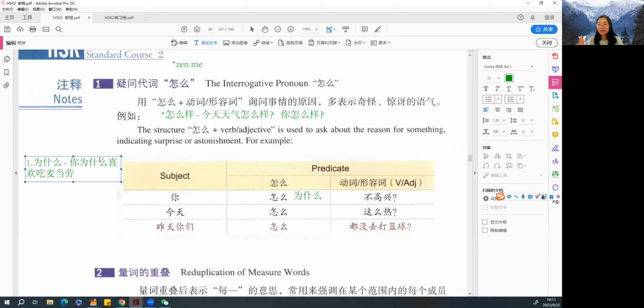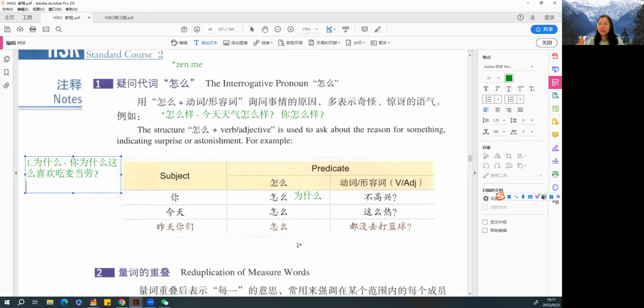So here, 你为什么这么, we add 这么 to emphasize a very much level, an extreme level. So this question means, why do you like eating McDonald's so much? Of course, don't forget the question mark over here.